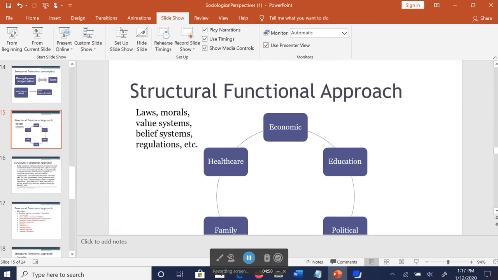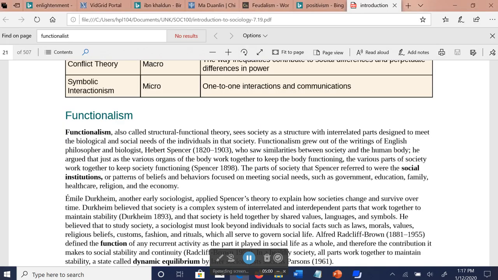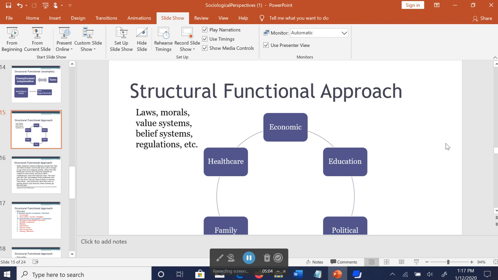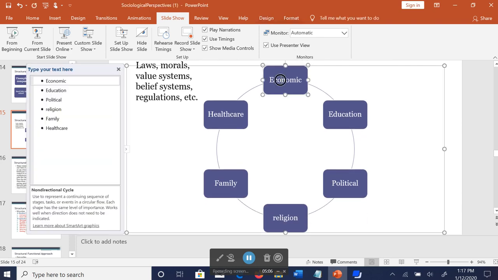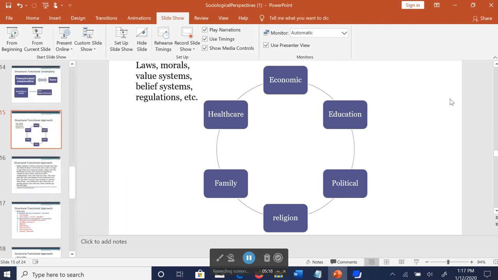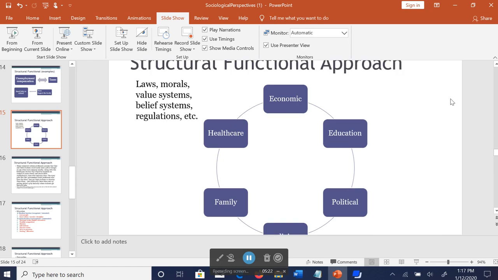And according to the functionalist theory, even though all these entities have different functions, through all these different functions, they help maintain order and stability in any given society. They help maintain order and stability through social facts.